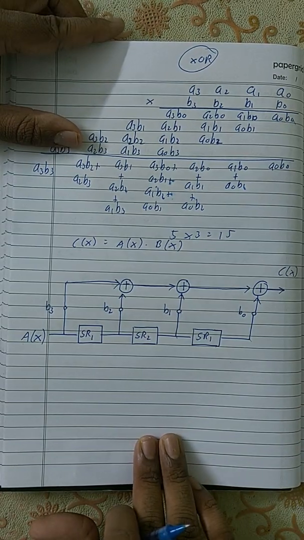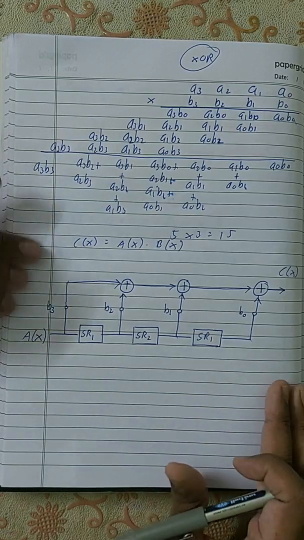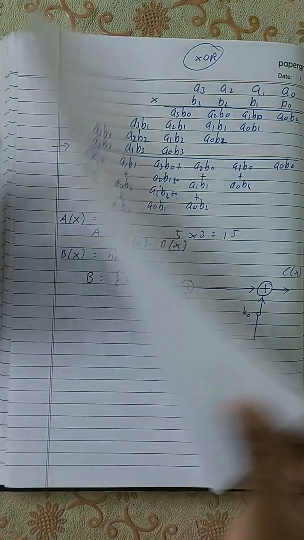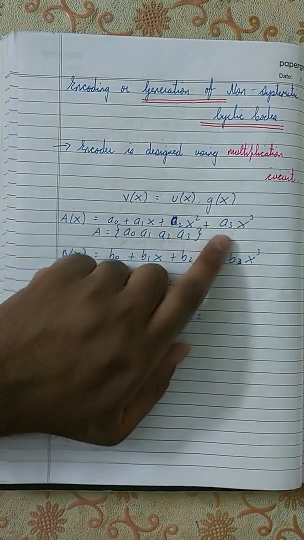And like I said, the working of the circuit is very easy to understand. We all know that the value of A of x is A0 plus A1x plus A2x square plus A3x cube.